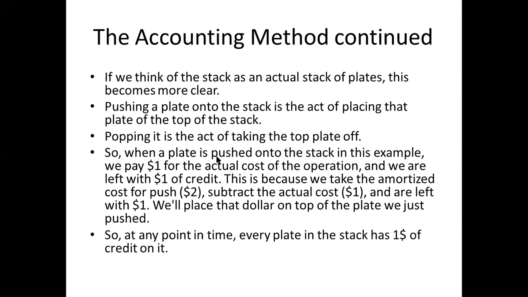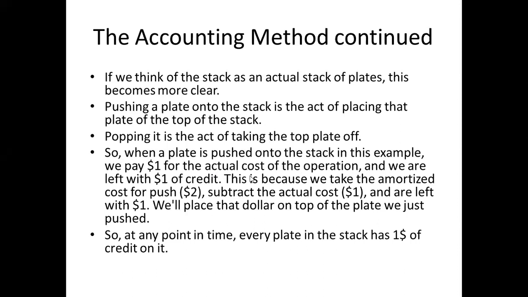So when a plate is pushed into the stack, in this example, we pay $1 for the actual cost of the operation. So the actual cost is $1 and we are left with $1 of credit. That means the push operation leaves $1, so we are placing the $1 on that object.